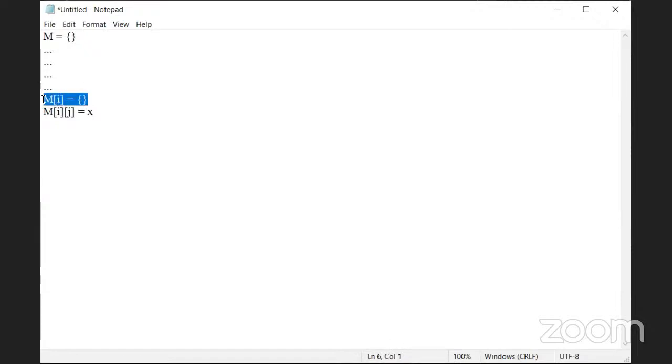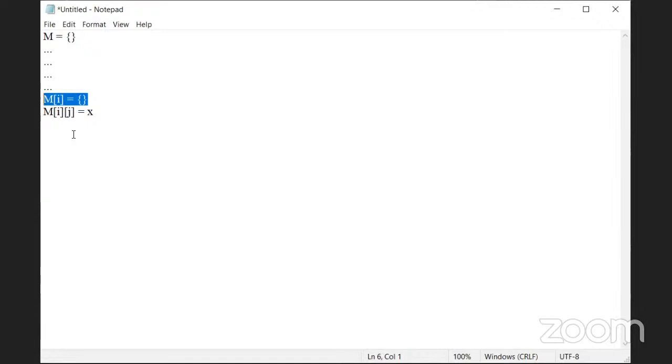First you create the first level key, then only you can create the second level key. So this directly you cannot have without this line. If you execute this in Python, it will give an error, or in any language for that matter. In CT it's a pseudocode so you can't execute it, but that's the point: you cannot create second level keys without creating the first level key.